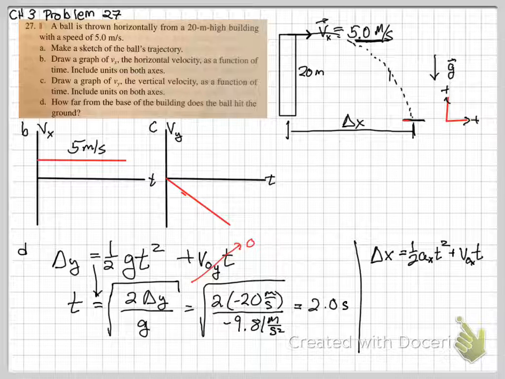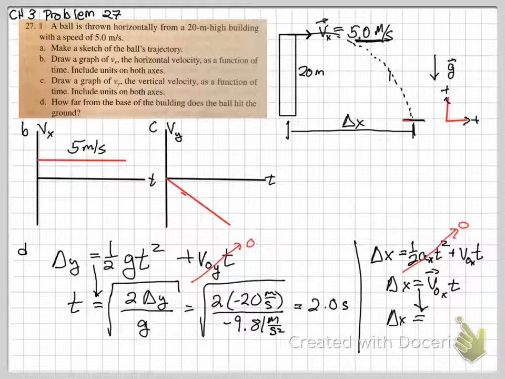And again, in the horizontal direction, assuming there is no drag, there's no acceleration, and that leaves us with a simple equation: delta x equals v naught in the x direction times t.